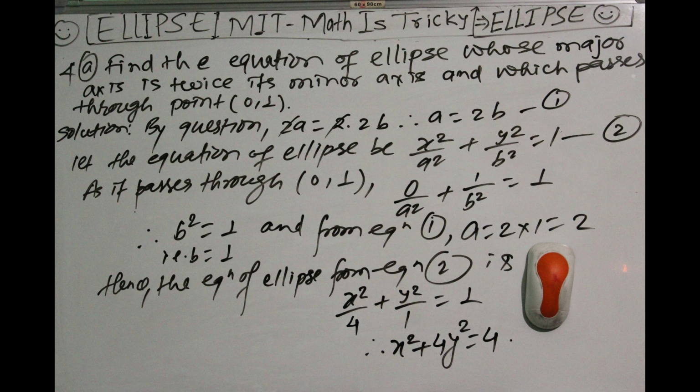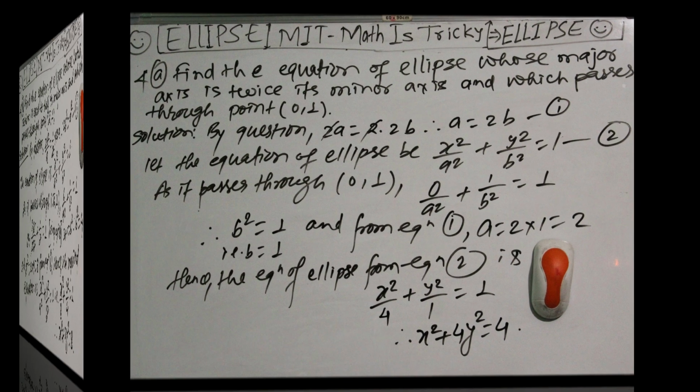Hence the required equation of the ellipse, from equation 2, is x square by 4, because a is 2, plus y square by 1 equals 1. That is x square plus 4y square equals 4. This is the required answer for question number 4a.